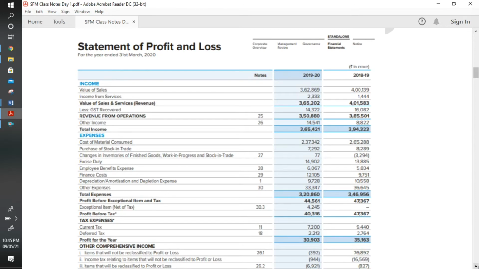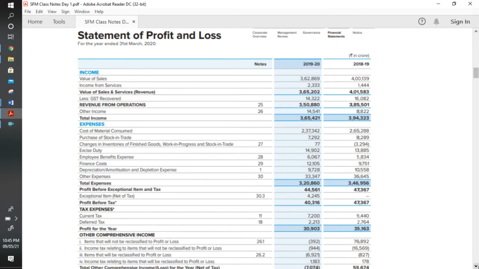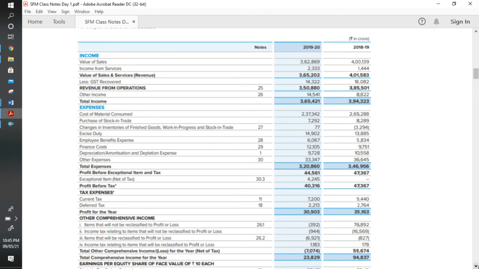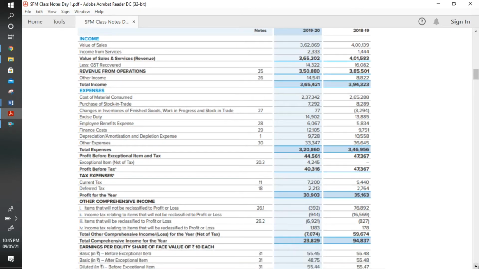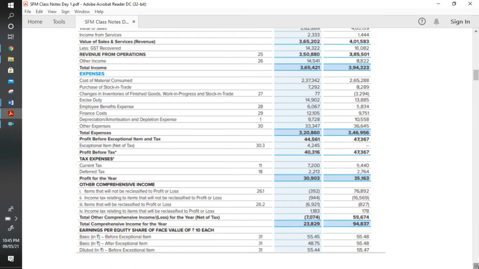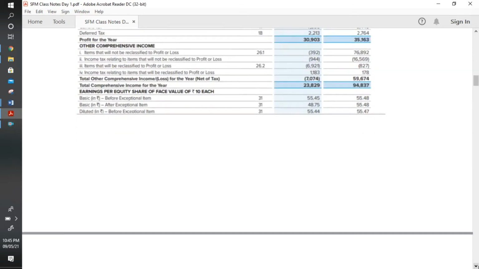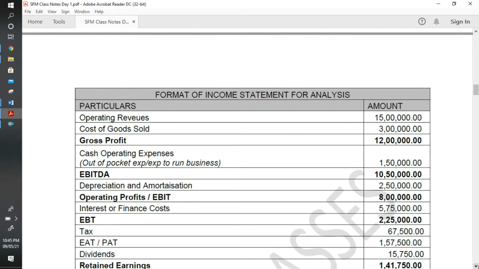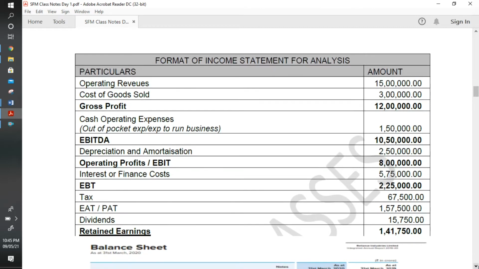You will arrive at profit after tax, and we consider profit after tax as the profit for reporting. But that's not the same for analysis. So while analyzing the P&L account, we need to rearrange it into the format which I am showing you right now.